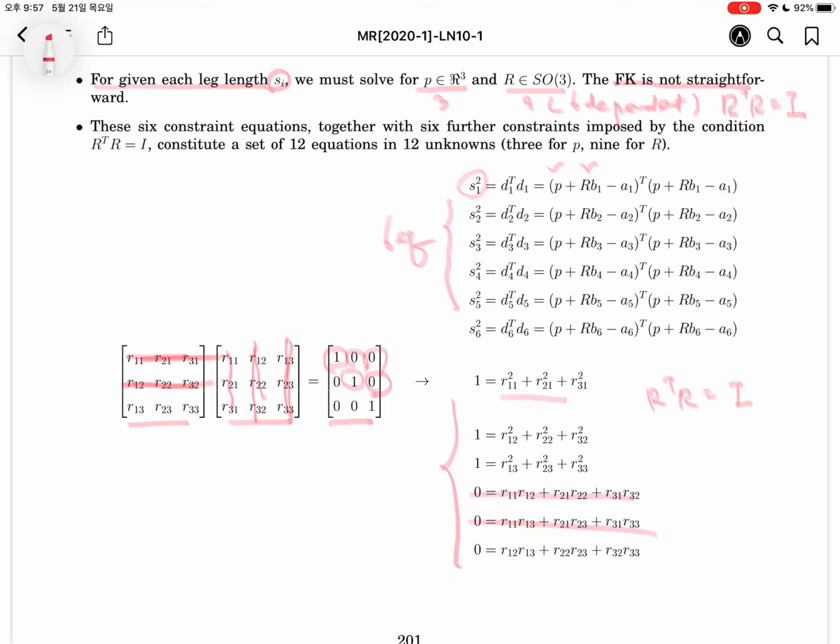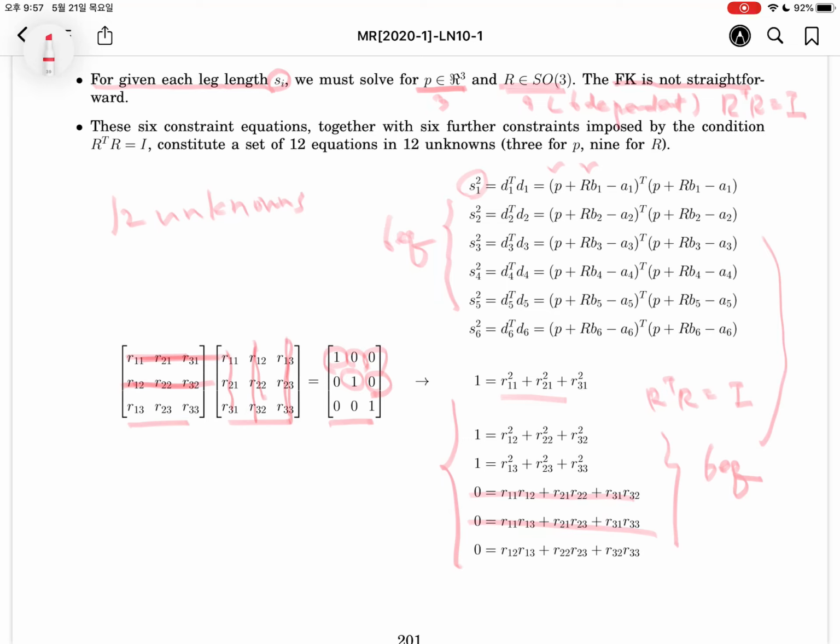From here, we have 6 equations. As mentioned before, P has 3 unknowns, R has 9 unknowns, so 12 unknowns. But we have 12 equations. It must be a nonlinear equation, but we can solve it.